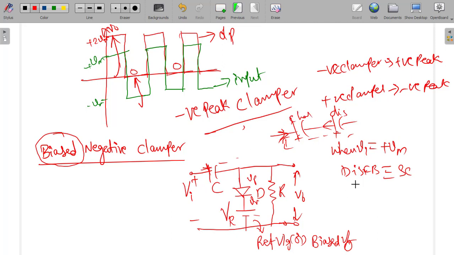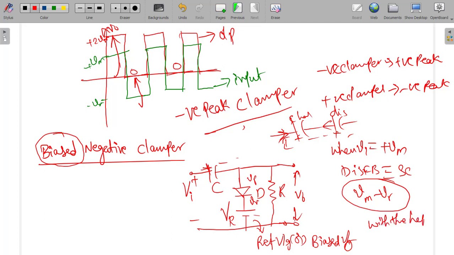So whenever your capacitor has positive plus and negative minus, it is charging, otherwise it is discharged. Here Vm minus VR is the voltage that appears across your capacitor.